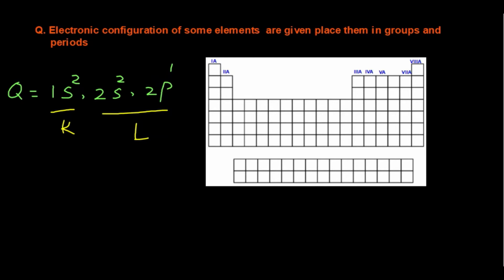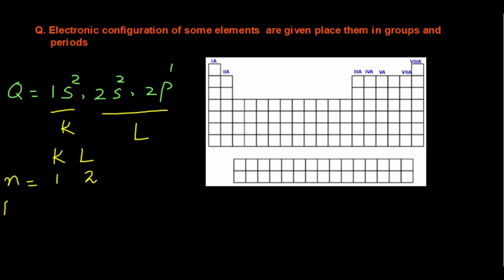For L shell, n is equal to 2. So we write here K, L, and their n values. L is the valence shell. N value for L shell is equal to 2. So it means this element Q belongs to second period.